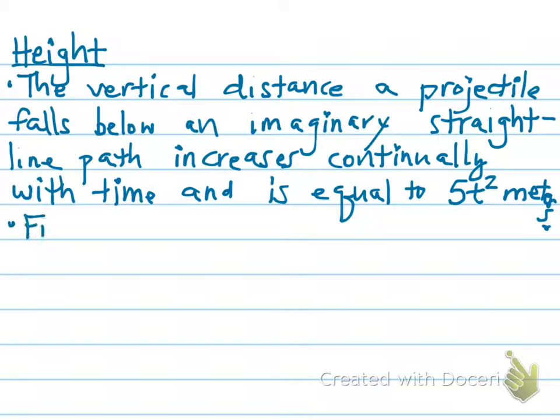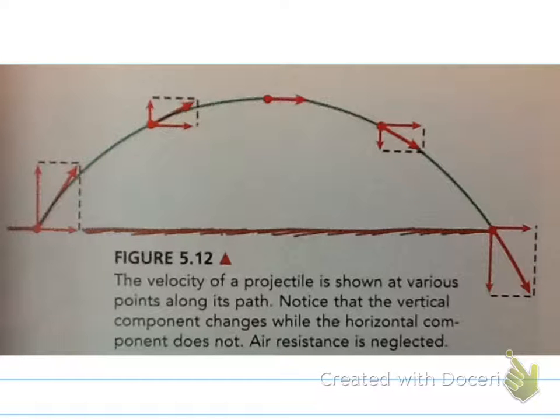So we want to take a look at figure 5.12, which again I should be able to pull up for us. Here's figure 5.12. The velocity of a projectile is shown at various points along its path. Notice that the vertical component changes while the horizontal component does not. Air resistance is neglected, right?